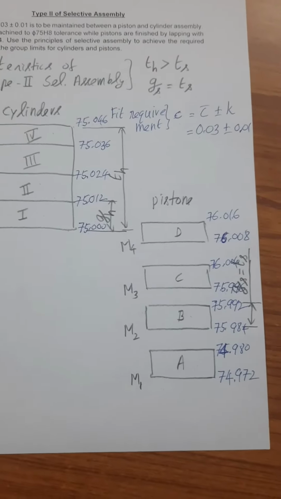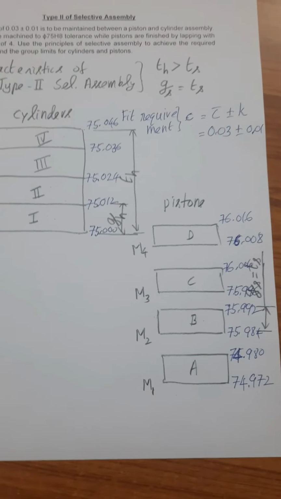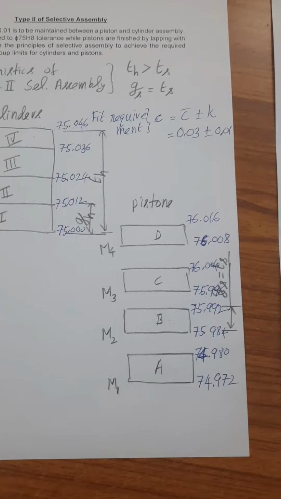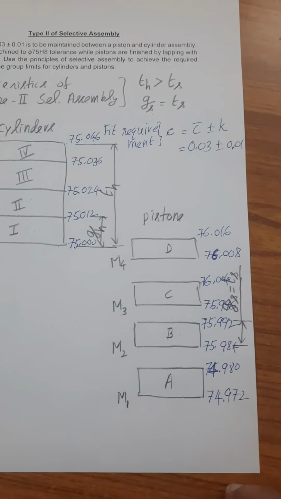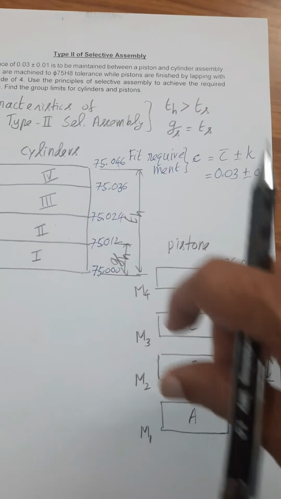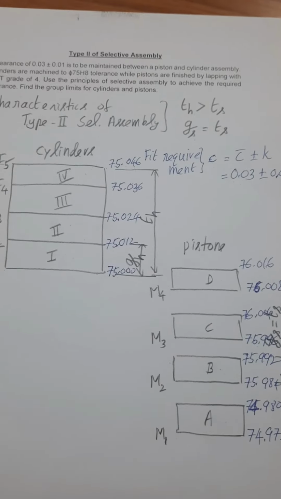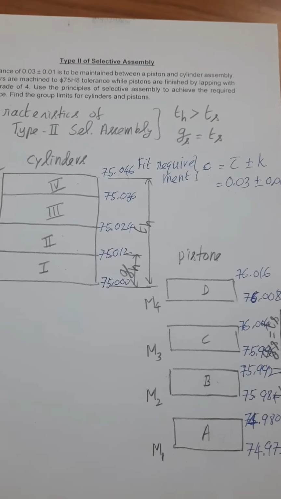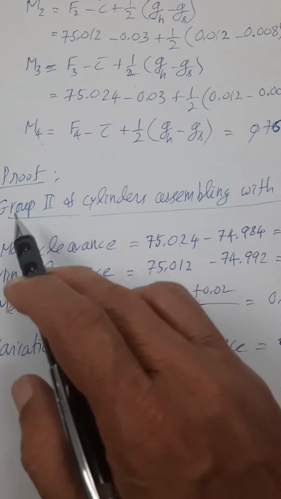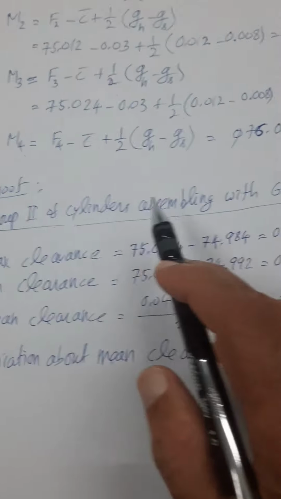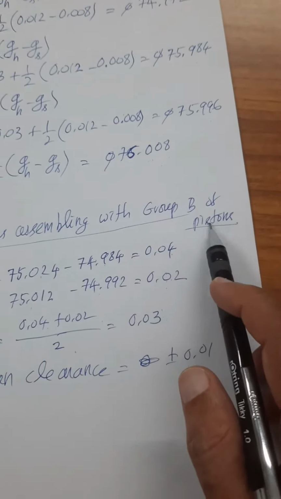Once the group limits for cylinders and pistons are arrived, we can cross check with any one group of piston and corresponding group of cylinder. So let us take the group 2 of cylinders assembling with group B of pistons.